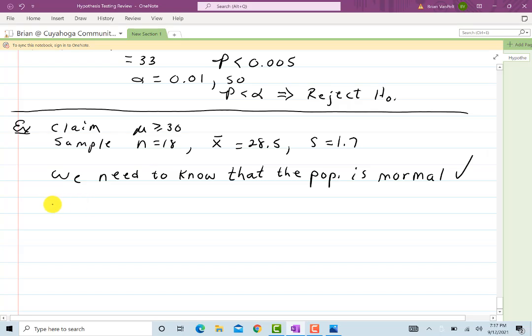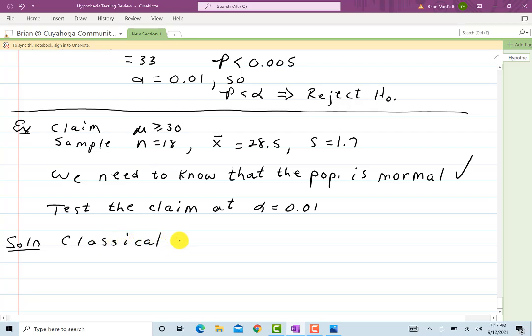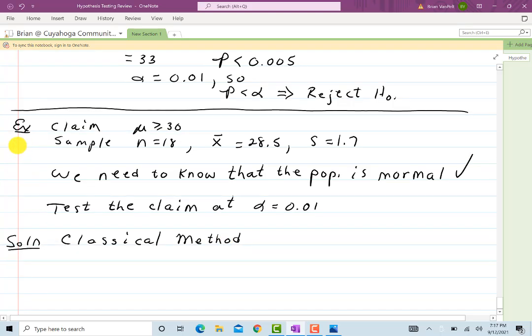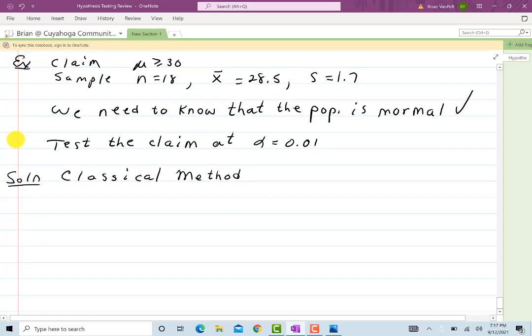Now let's test the claim at alpha equals 0.01. As before, I'll start with the classical method. And let's see what that does for us.